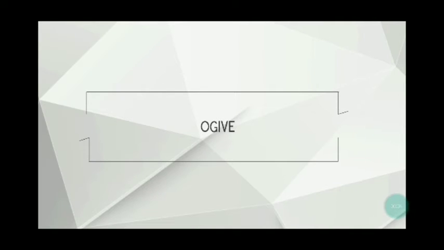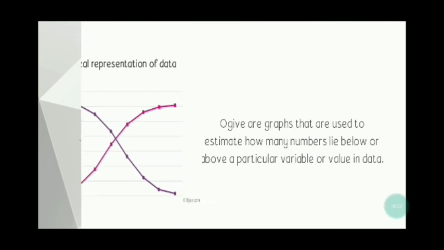Another type of graphical representation of group data is the ogive. What is an ogive? The word ogive is a term used in architecture to describe curves or curved shapes. Ogives are graphs that are used to estimate how many numbers lie below or above a particular variable or value in data.